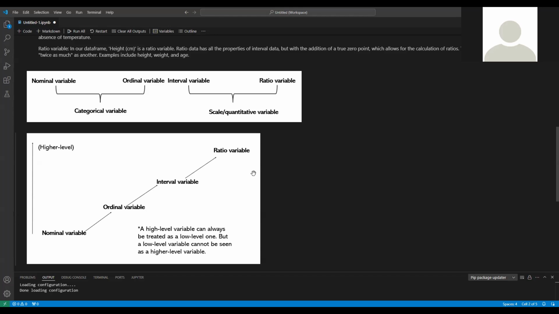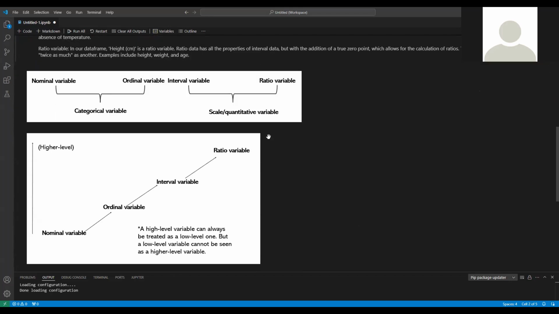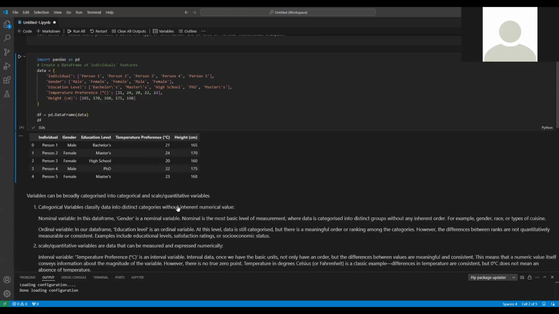We will introduce these in the coming videos. But if there are techniques to analyze nominal variables, for example, you could use them to analyze ratio, interval, and ordinal variables as well. You could use the techniques for lower level variables to analyze higher level variables, because you can always treat higher level variables as a lower level one.